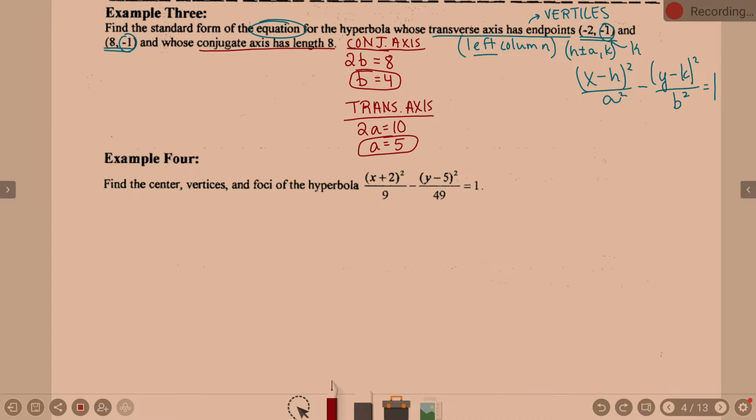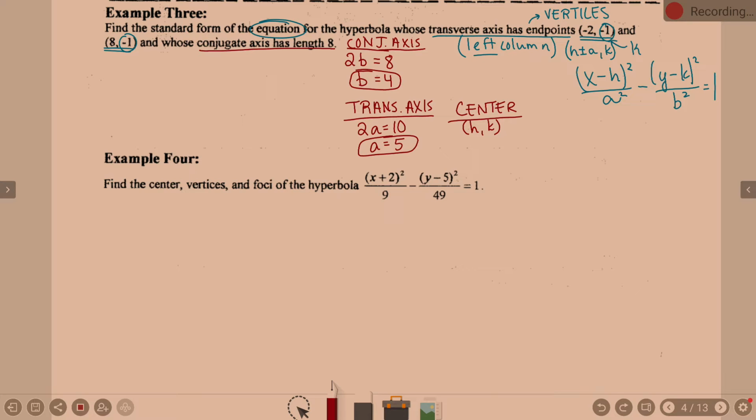The other piece of information I need is the center, which, keep in mind, the center is HK. Some of you can do the center without a picture. Maybe all of you. Where is the center going to be? It's going to be the middle of the transverse axis.